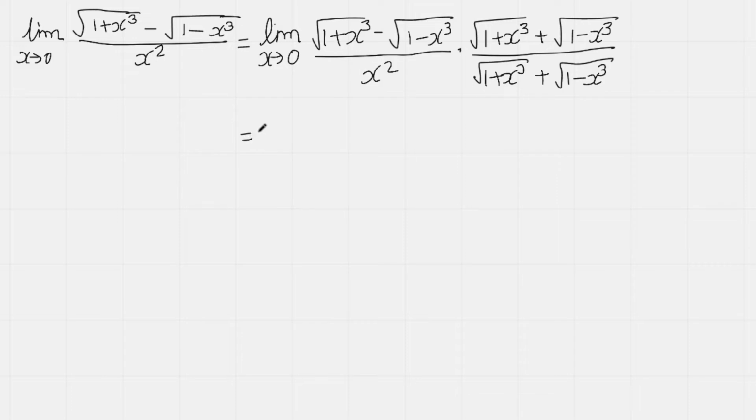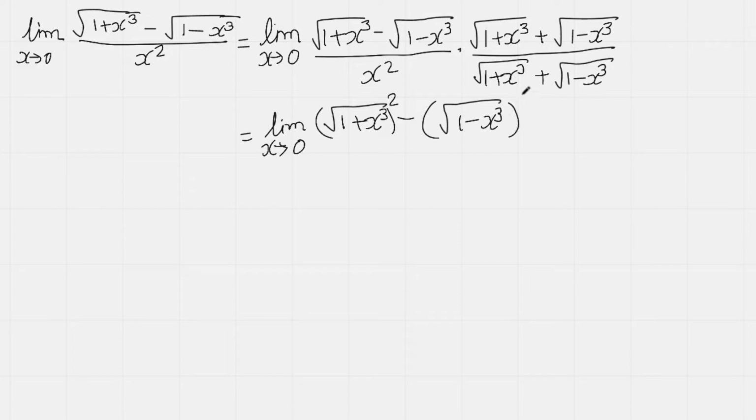Okay, so now in the numerator you can see that this is of the form a minus b into a plus b, where a is equal to square root of 1 plus x cube and b is equal to square root of 1 minus x cube. So we can write limit x approaches 0, square root of 1 plus x cube minus square root of 1 minus x cube, whole square.